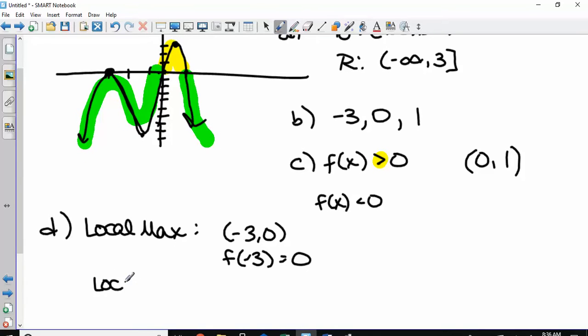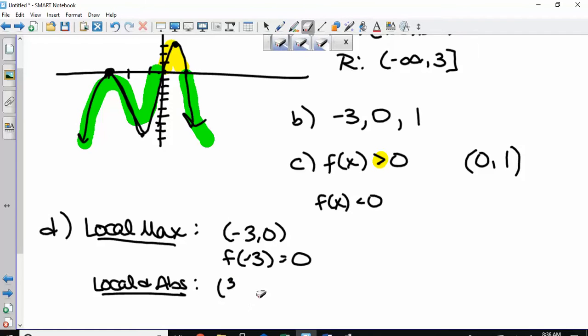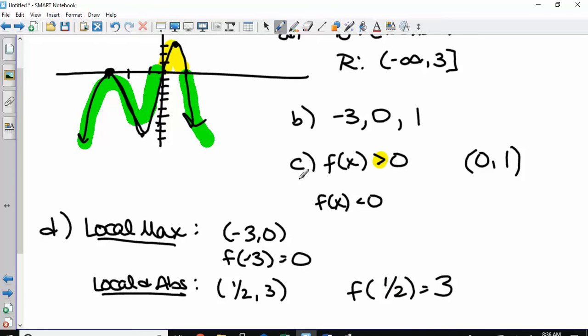It is technically both a local and absolute. Absolute because it's the highest on the entire graph. Local because it's higher than the points on either side of it. So you could say it's about 1/2, comma 3. Or you could say f of 1/2 equals 3 in function notation.